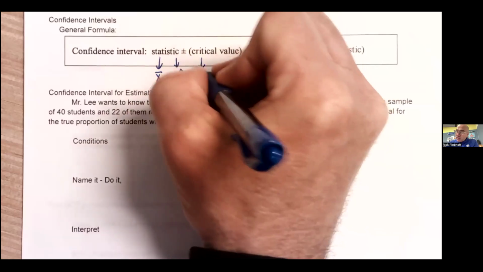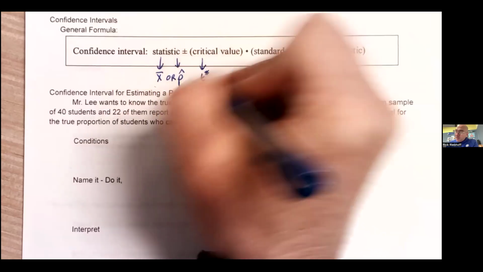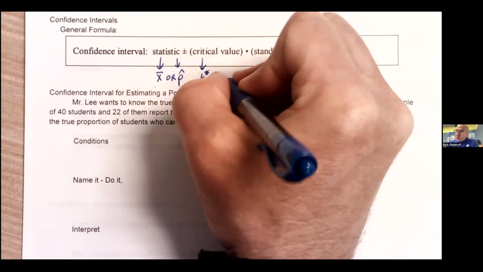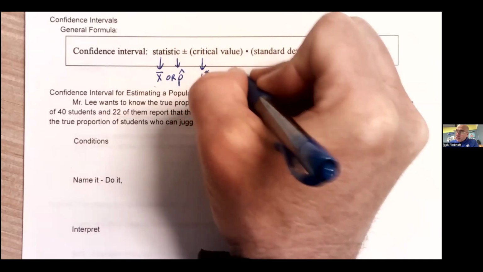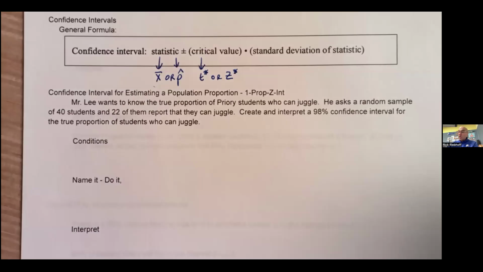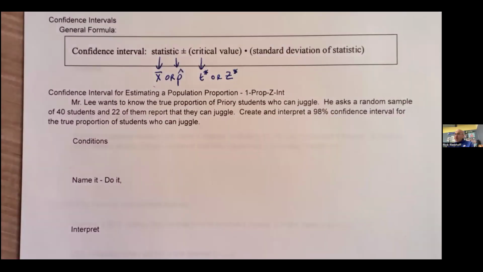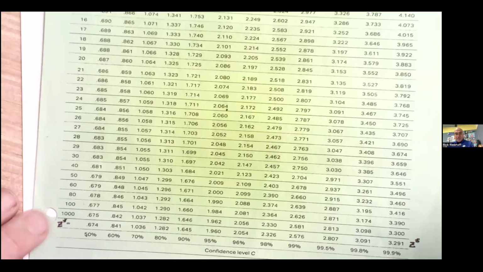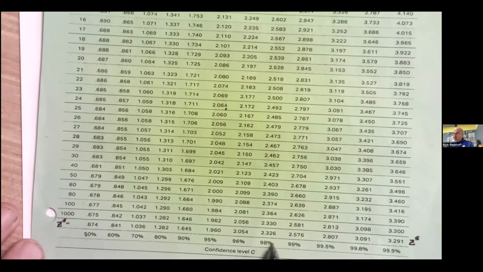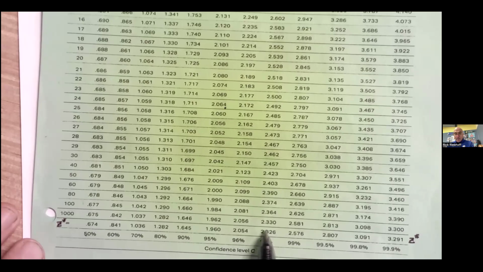Critical value, if it's means, we're going to use a T star. If it's proportions, we're going to use a Z star. Okay, those are our critical values, and you should know where to find those, right? Going to table B and looking at the bottom, finding confidence level, whatever level we're looking for, and going up one, that's our Z star, right?